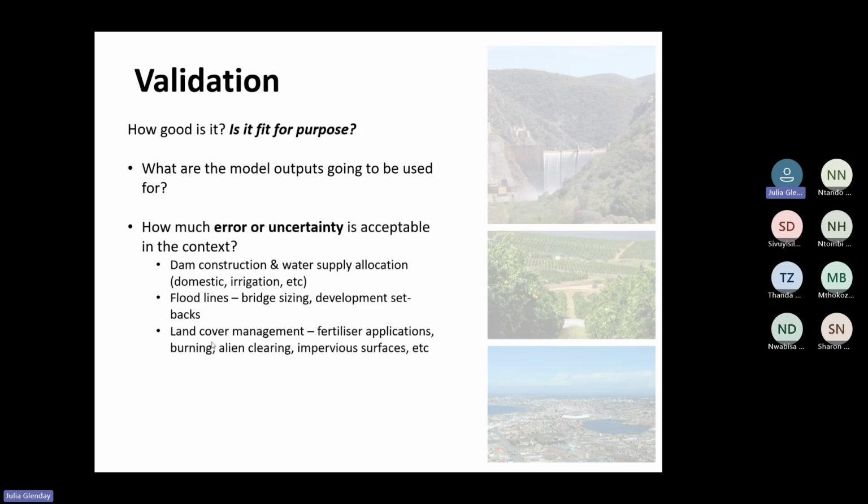For flood lines and land cover management, we can be somewhat more relaxed, in that the safety aspects aren't as severe, and we want to get it roughly right, but we're not necessarily going to cause major harm by making decisions with a bit more of an uncertainty range with land cover management questions.